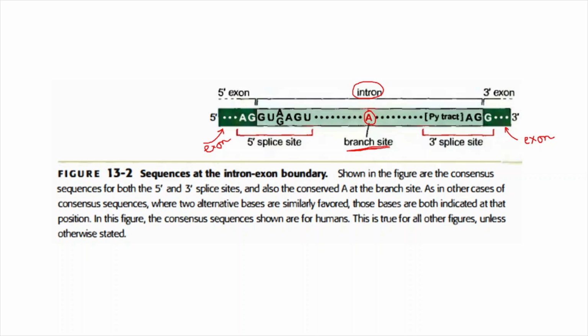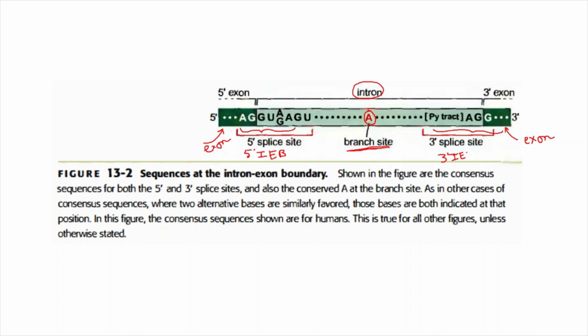Apart from that, this position is called the 5' intron exon boundary, which I am writing as 5' IEB, and here this position is called the 3' intron exon boundary, which I am writing as 3' IEB. IEB stands for intron exon boundary.